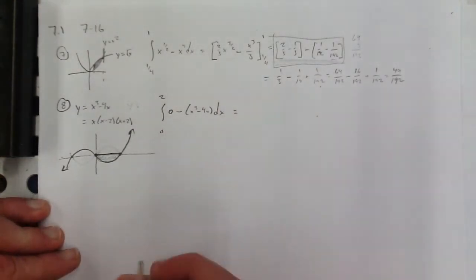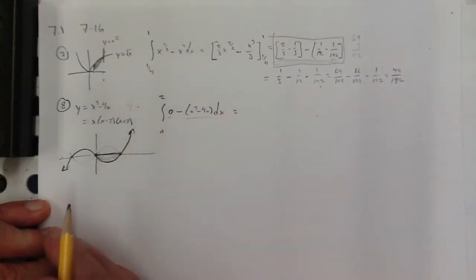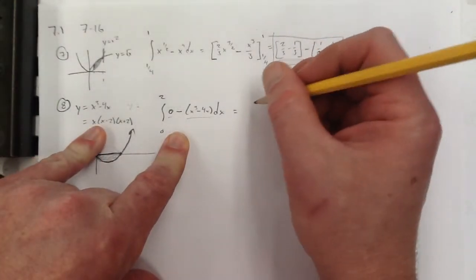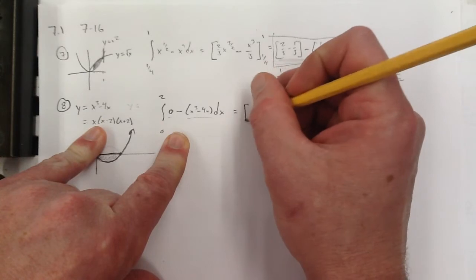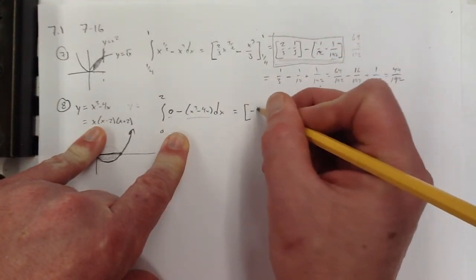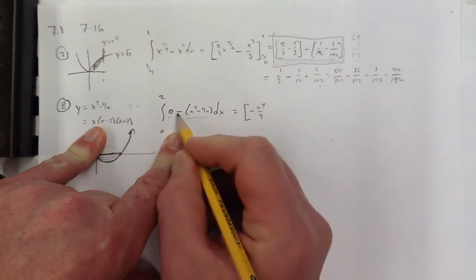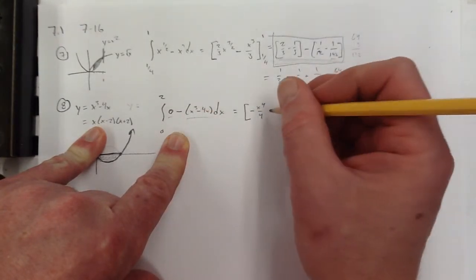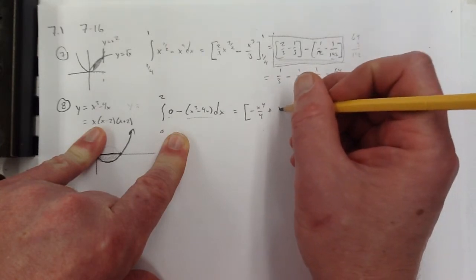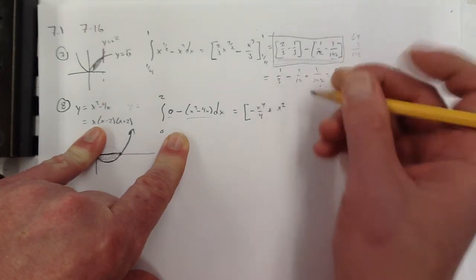Either way, since we're thinking about top minus bottom, I like that approach. So we have minus x cubed, so the antiderivative of that, and then plus 4x, the antiderivative of that would be 2x squared.